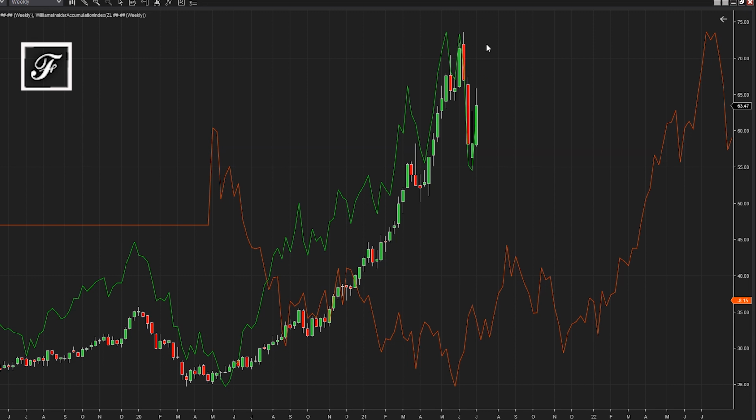We had bearish divergence on the weekly chart with insider accumulation. You can see it here. The insider accumulation was high, the price was not so high, and here the price was higher, but insider accumulation was lower. And it declined very nicely, you can see it here. But this is it, this move has already finished.